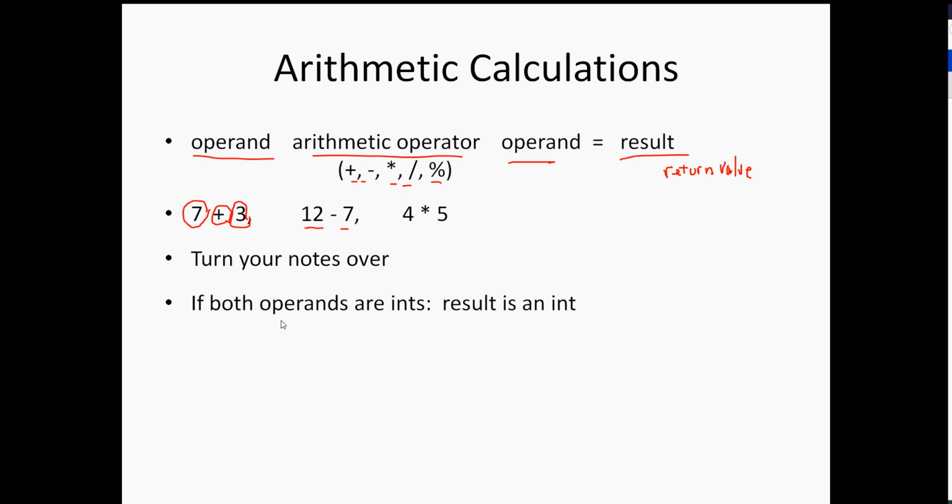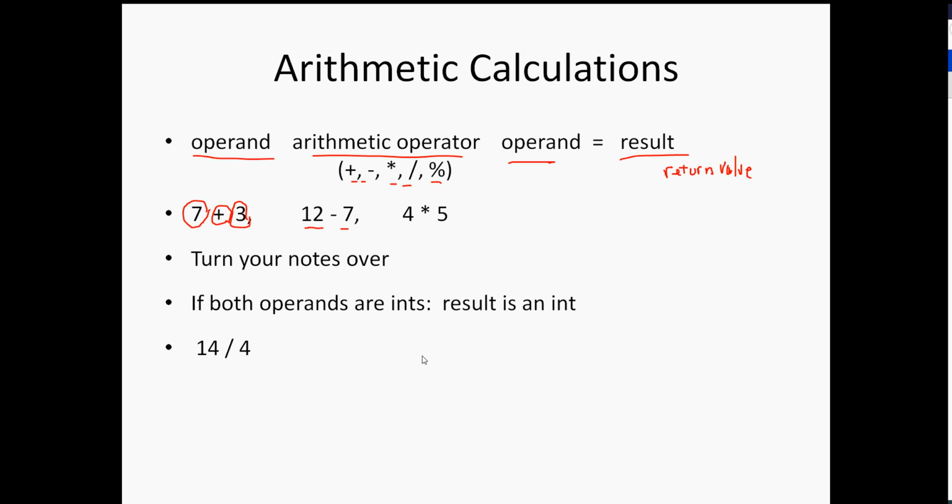Now, if both operands are ints, like all these three problems, the result or the return value has to be an int. It can't be a decimal or a double. So I've asked the class, what is 14 divided by 4 then?